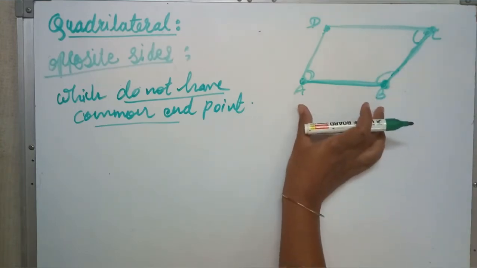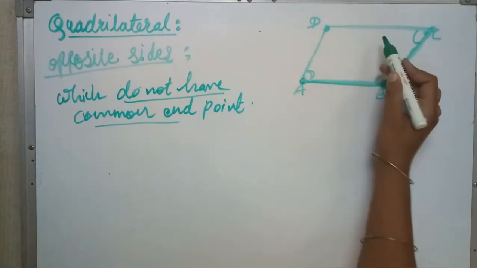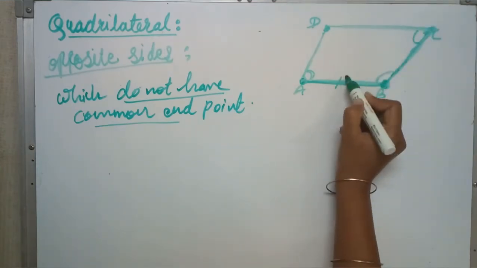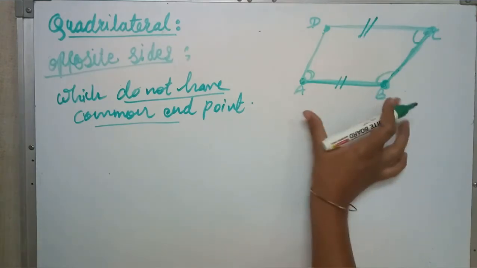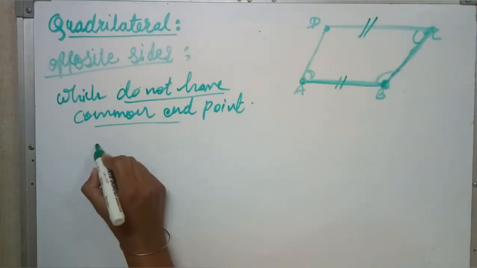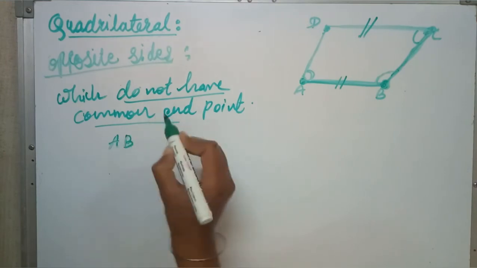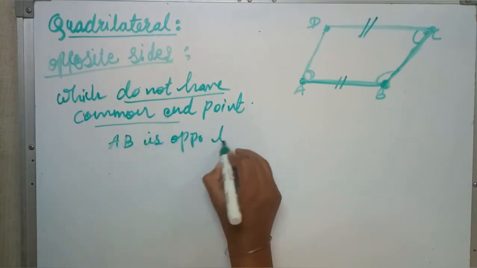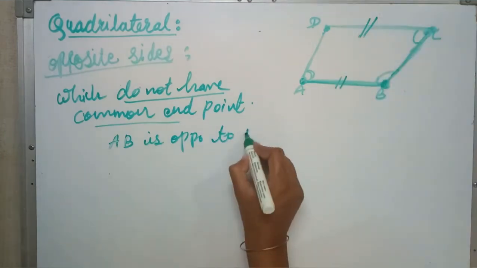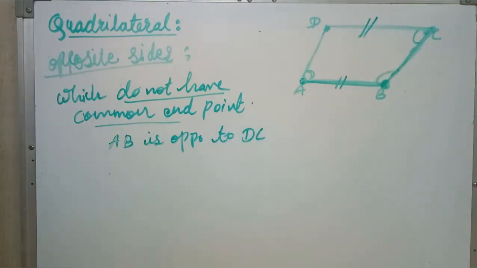But if I take this side and side DC, then they do not have a common point. That's why these two sides are opposite sides. So I can say AB is opposite to DC. Then AB and DC are opposite sides.